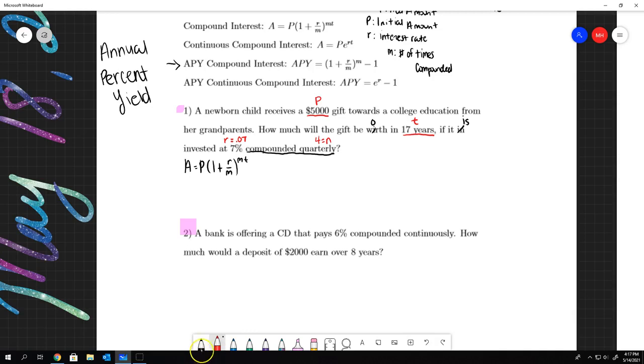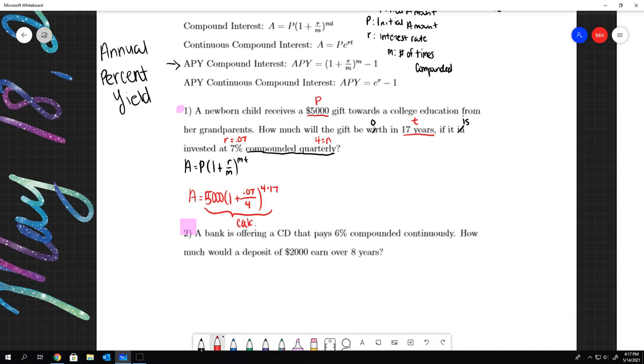And we're going to go ahead and plug in all of our information. So A equals 5,000 times 1 plus 0.07 over 4 raised to the 4 times 17. And you would type this lovely thing into your calculator.